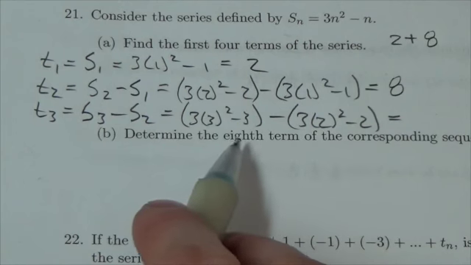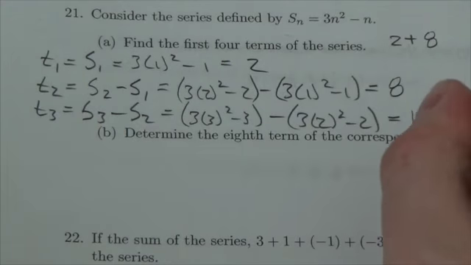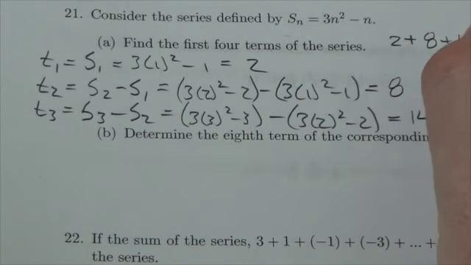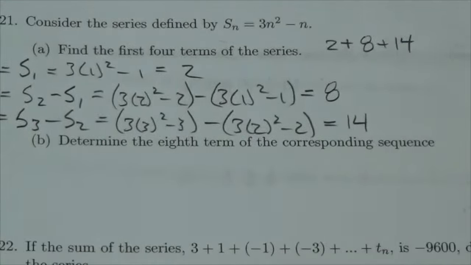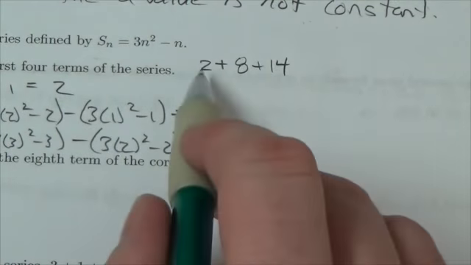So this is 24 minus 10. Our answer here is 14. Now that's starting to look like an arithmetic series.